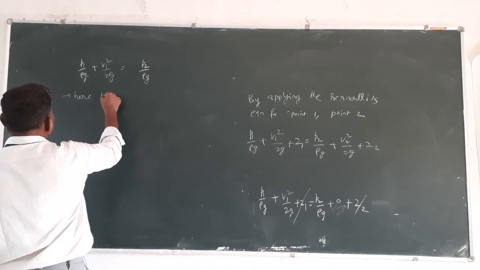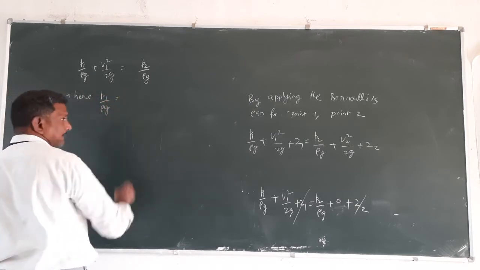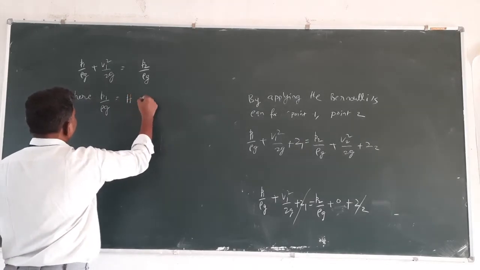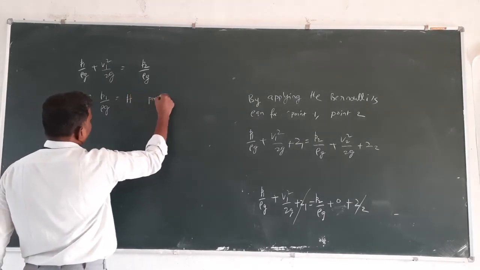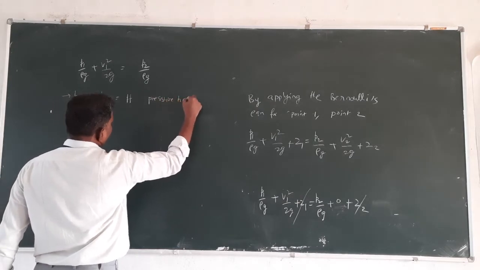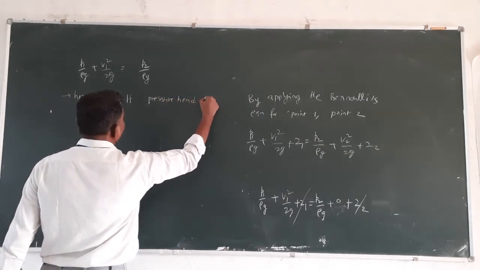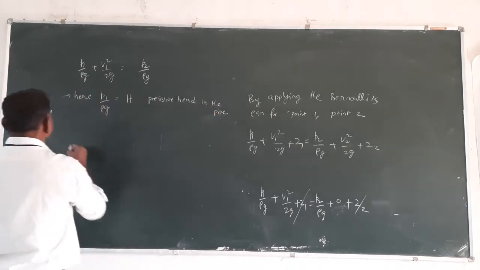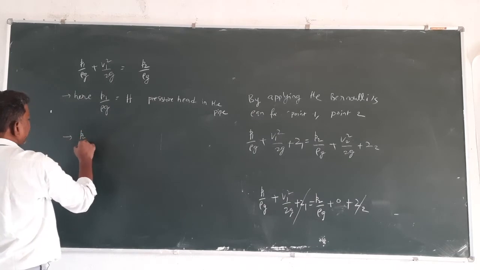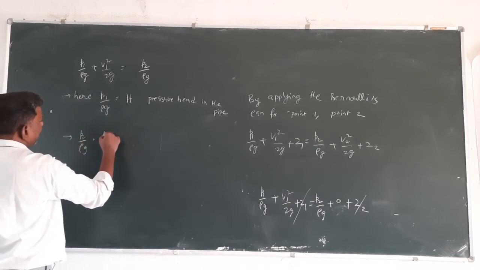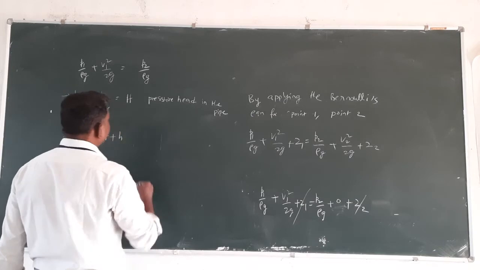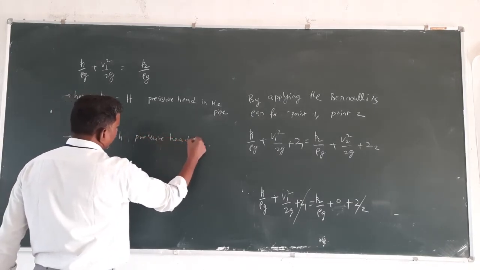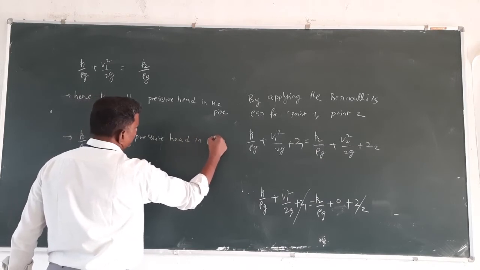Here, P1 by rho g is equal to H, the pressure head in the pipe. P2 by rho g is equal to H plus small h, the pressure head in the Pitot tube.